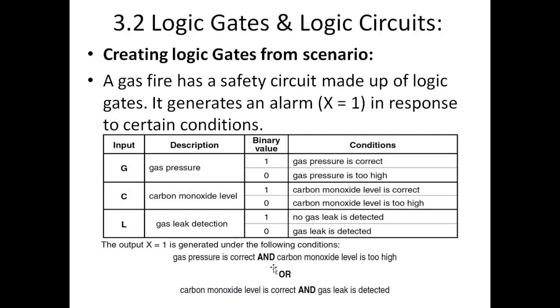So G and carbon monoxide level is too high. Carbon monoxide level is too high means C equals 0. So G and C equals 0, or carbon monoxide level is correct, that is C, and gas leak is detected means L equals 0.